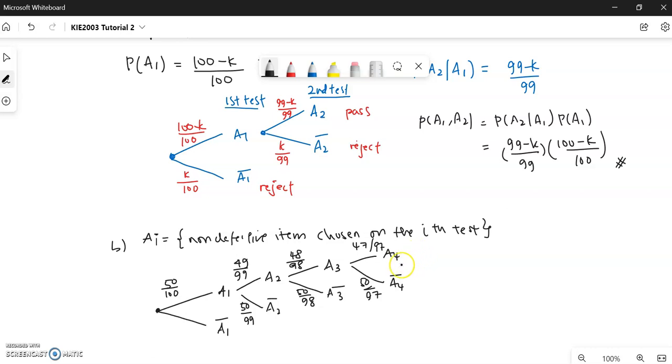So how do we write this? If we do only two tests, the probability that non-defective items are chosen in both tests, or it passed the test until two tests, P(A1, A2) is equal to 50 over 100 times 49 over 99. How much is this equal to?